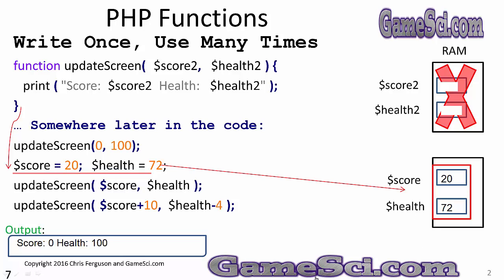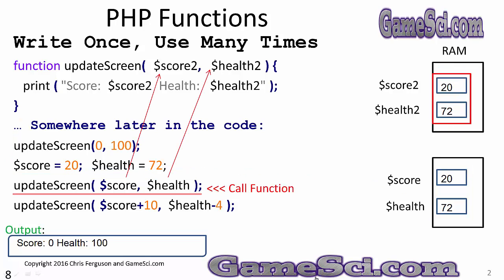Now after that line of code executes, we'll call update screen again. This time, however, instead of sending hard-coded values, 0 and 100, I'm going to send the variables score and health. Once again, the first argument, $score, is sent to score2. The 20 here on the right gets sent to the parameter score2 over here.